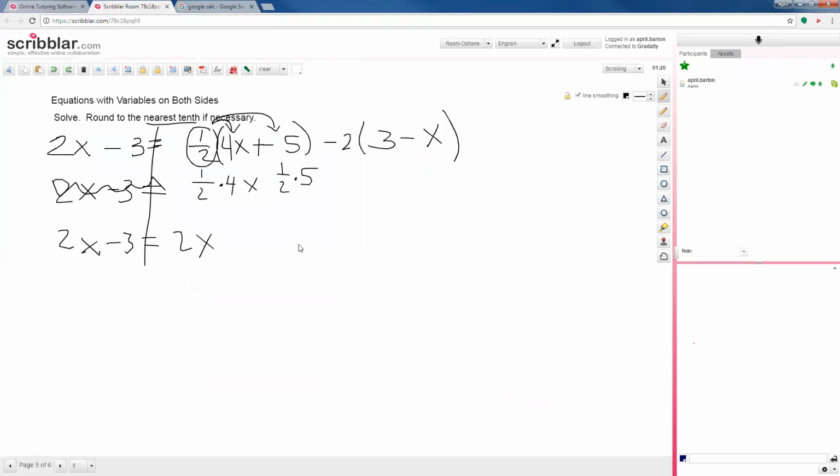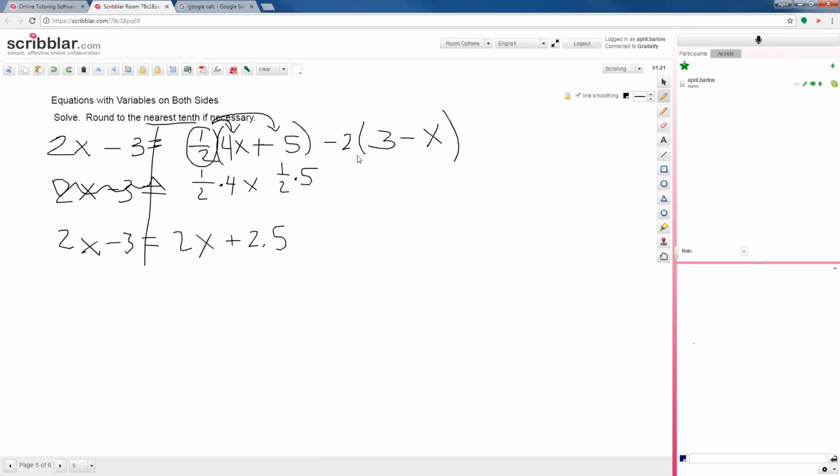Our answer said to round to the nearest 10th. So we're fine if this comes out as a decimal. After we practice all our equation stuff, I'll do maybe some just fractions where it comes out as a fraction. But a lot of the time, you can make it into a decimal and not have to worry about fractions anymore.